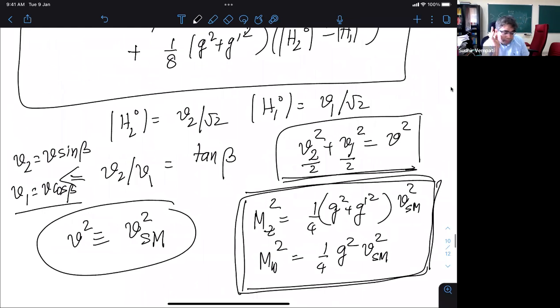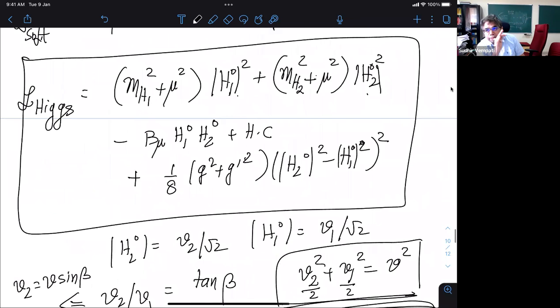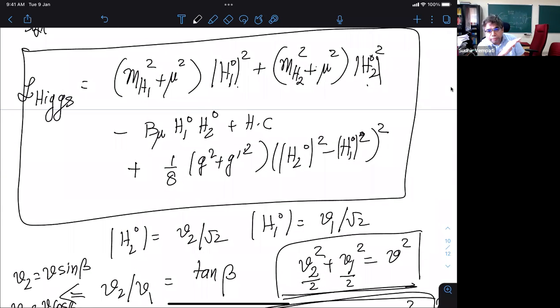In the standard model, you have to ensure that lambda is greater than 0. In the supersymmetric standard model, you don't have to ensure lambda is greater than 0, because it always goes as the gauge coupling square, so it is always positive.